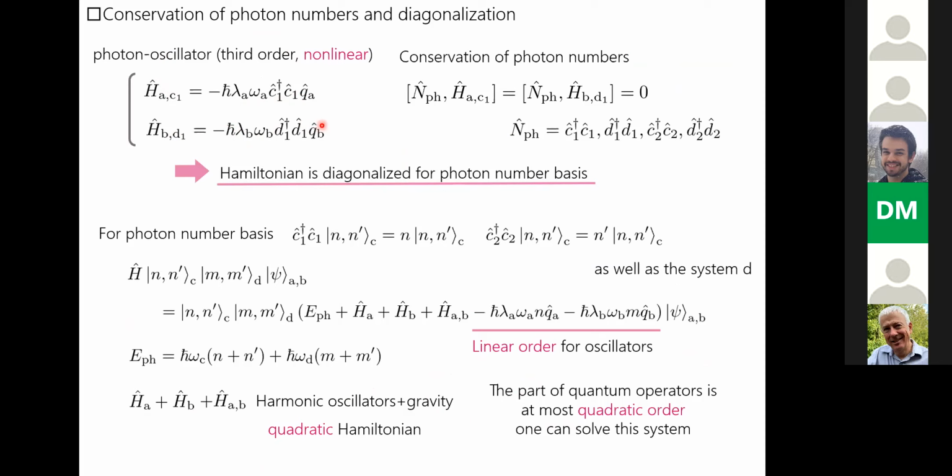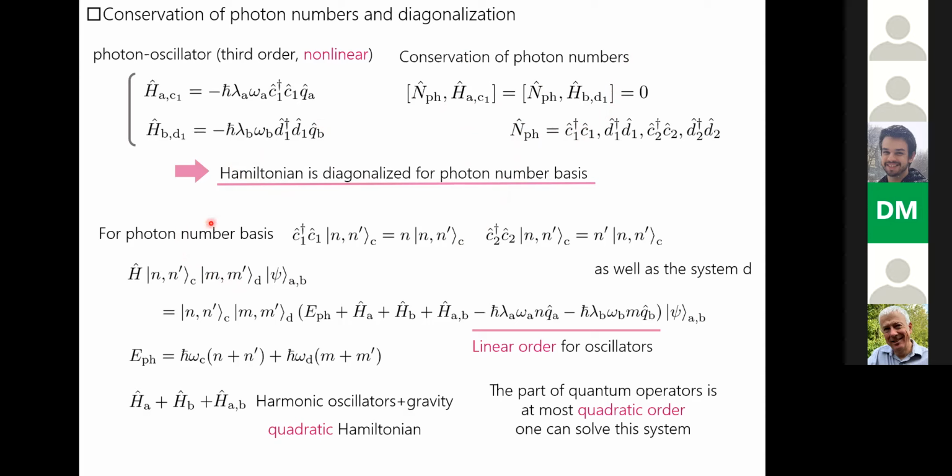It seems to be difficult to solve the Schrödinger equation. However, it is important to note that the photon number is conserved under this interaction. This is because the photon is just reflected by the mirrors, so there are no losses of photons. Hence, the Hamiltonian is diagonalized under photon number states.